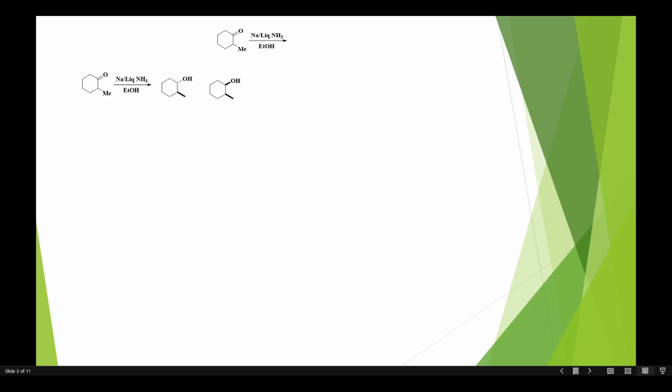Then which product will we expect? The product I'm showing is that it will definitely reduce our ketone to the corresponding alcohol. So we'll get a secondary alcohol. But which product will we get selectively? Both will form, but which will be the major product?